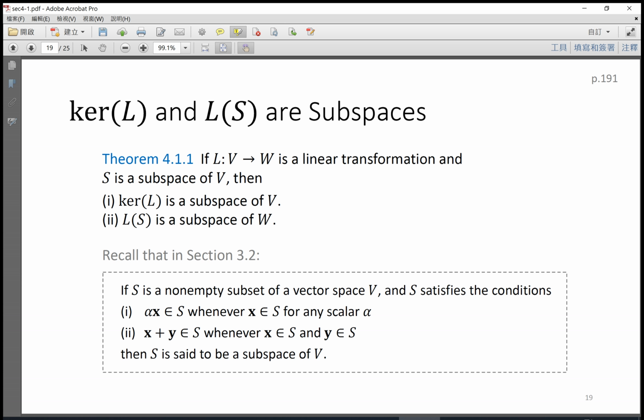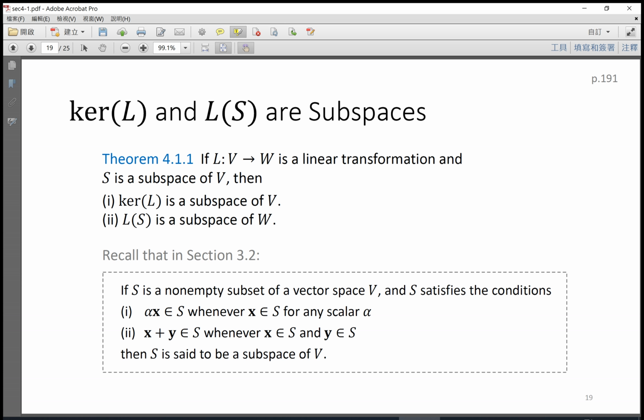If S is a non-empty subset of a vector space V, and S satisfies the following two properties, then S is said to be a subspace of V. The first property means that S is closed under scalar multiplication, because for every vector x in S, the result of scalar multiplication alpha x is still in S. The second property means that S is closed under vector addition.